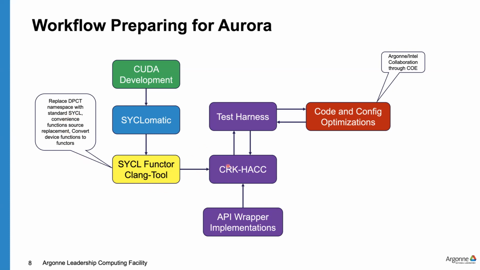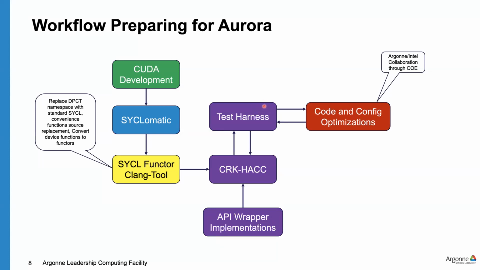We also have a test harness. I won't talk about this very much, but it's been a useful tool for us. What this is: we create these kind of GPU checkpoints. So we take all of the data that's on the GPU at any point in time during the simulation's execution, and we can save these to a file.